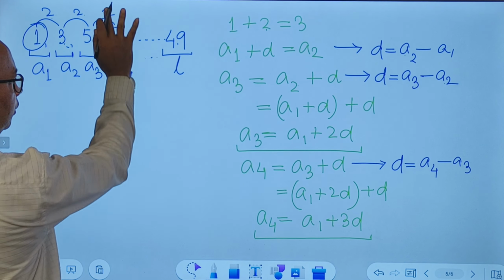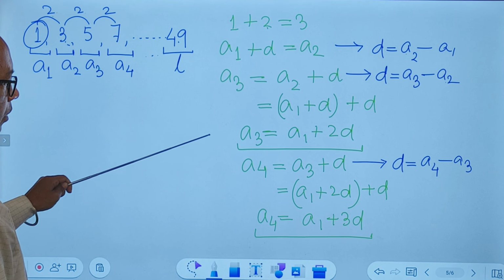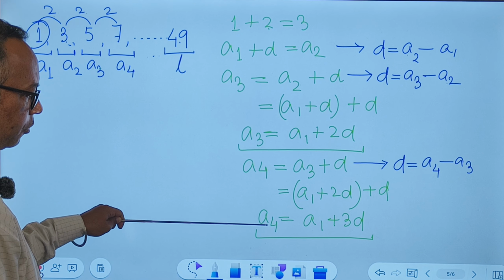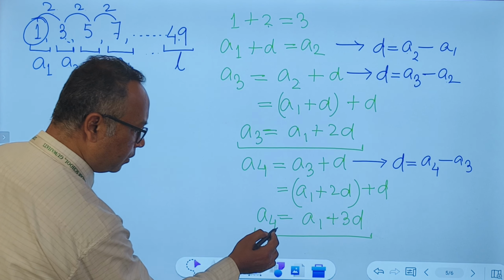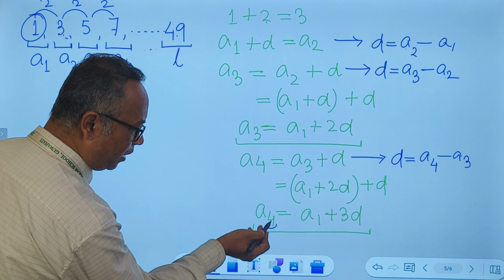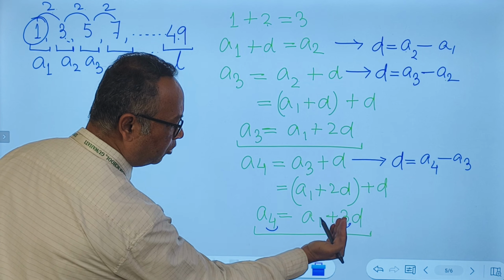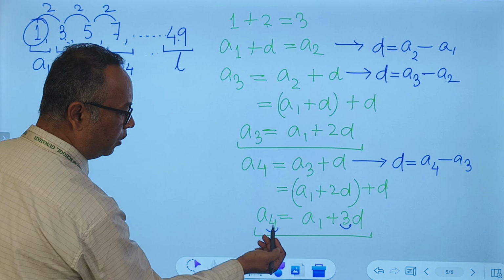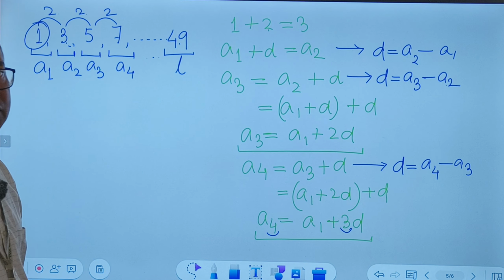If we see this one, how to get the fourth number? To get the fourth number along with the first number, just one less than 4, you have to multiply 3 along with the difference. What is the relationship between this one and this one? See, this one is 1 less than the number of terms.